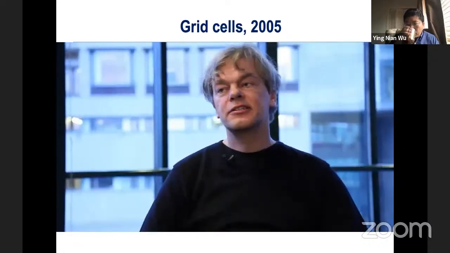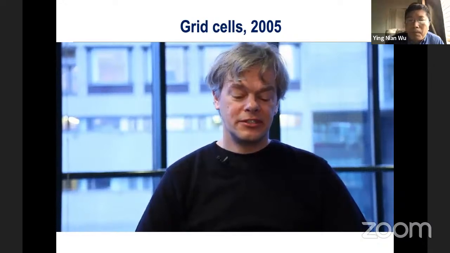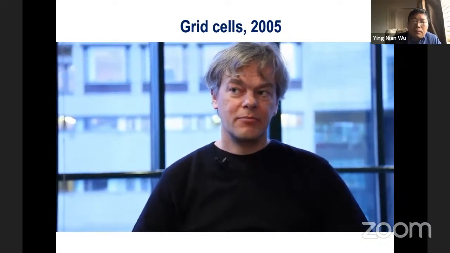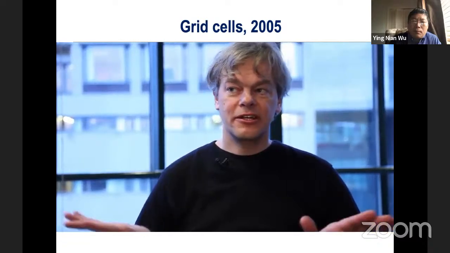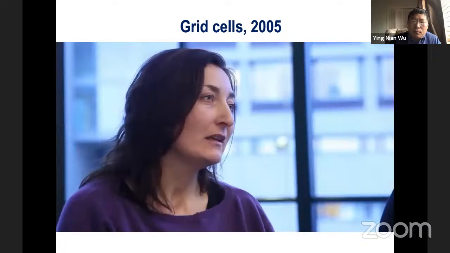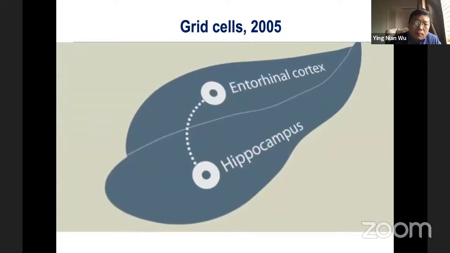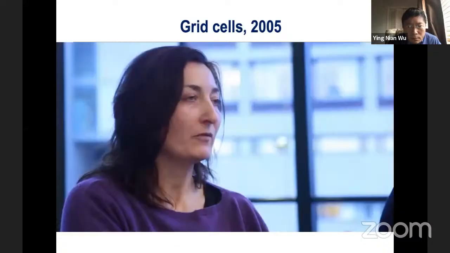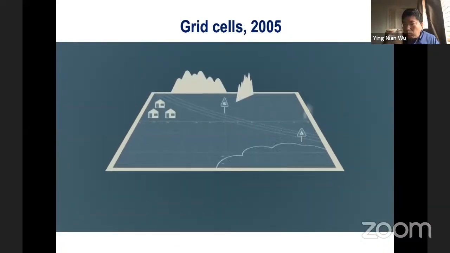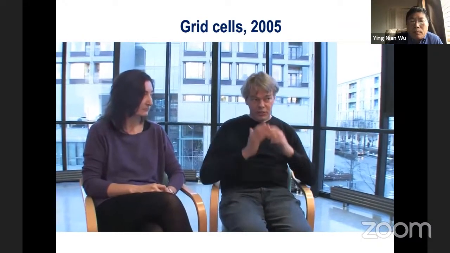Maybe you can say that the similarity to a GPS is that the system uses the rat's position and movement speed, but doesn't care about what it looks like around. It just uses the change in position, just like a GPS. And then you have the communication with the hippocampus, where you have the memory. And the memory for the landmarks, for the environment, for everything that is put on top of this coordinate system. So of course the difference in the human brain is that it's so much more.